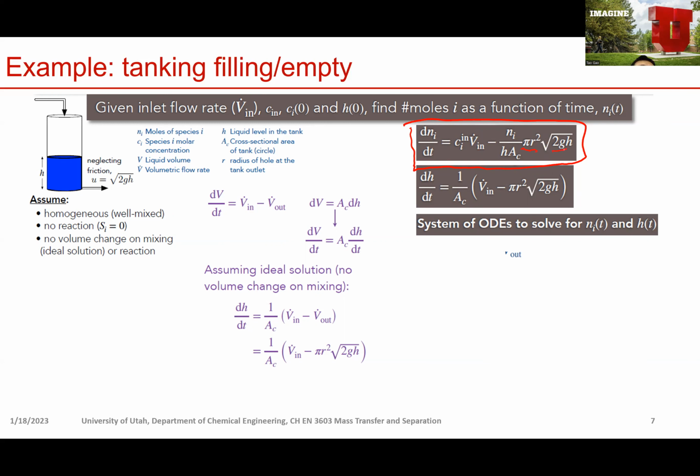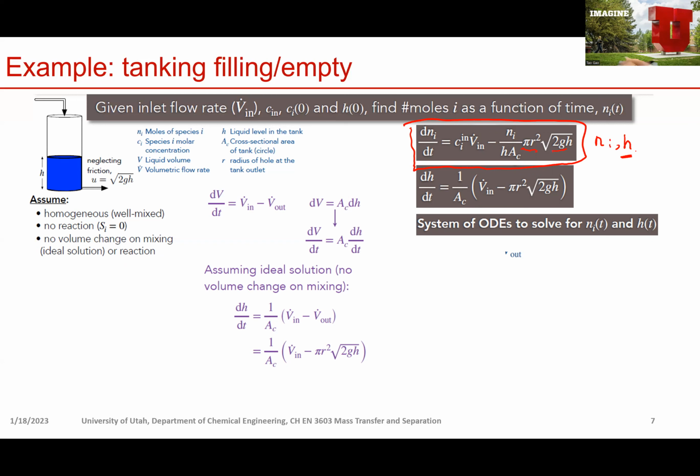These are all knowns, but there are also unknowns: one is Ni itself, and then we have H. Obviously we cannot solve for two unknown variables with only one ordinary equation, so we need another equation to solve for H.